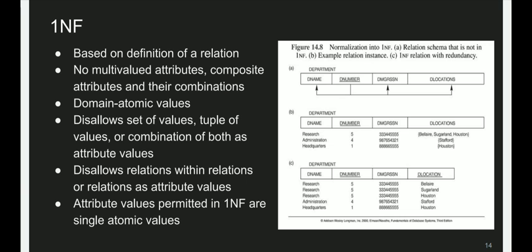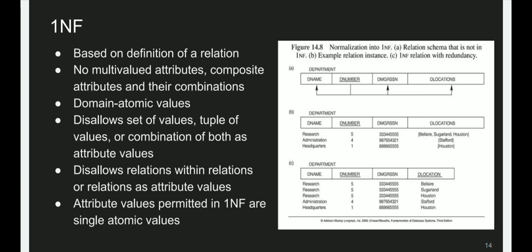The example is given in the figure on the right side. See, the table DEPARTMENT is there where DNUMBER determines DNAME, DMGR_SSN and DLOCATIONS. When an instance is taken, we can see that the Research department with department number 5 has multiple values in DLOCATIONS.